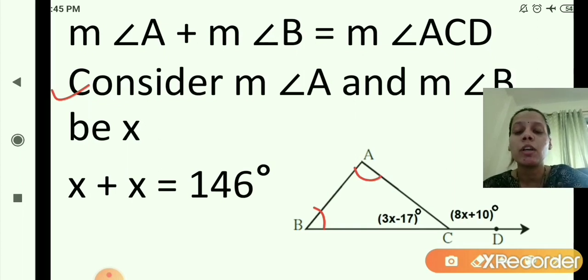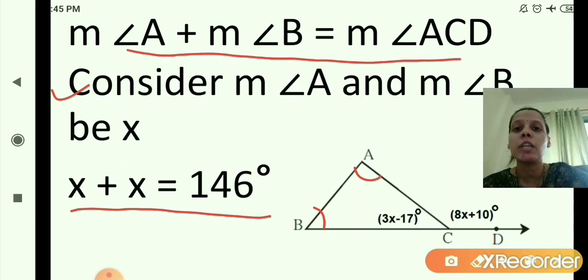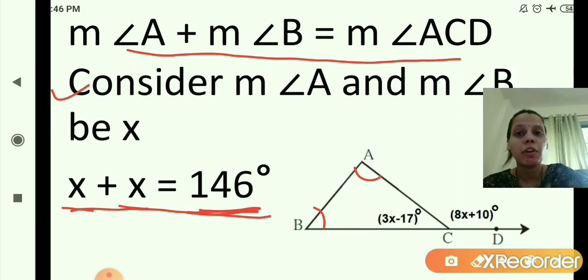So we will put the measures here. Angle A plus angle B is equal to angle ACD. What is the measure of angle A? We have considered it as x. So we write x plus x is equal to, what is the measure of angle ACD? Just now we got the measure of angle ACD is equal to 146 degrees, right? So x plus x is equal to 146 degrees.